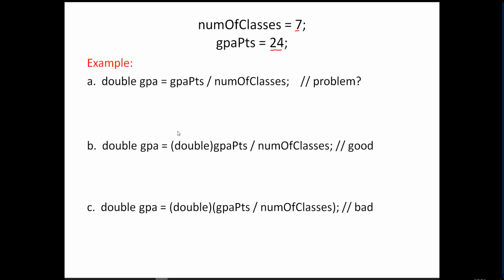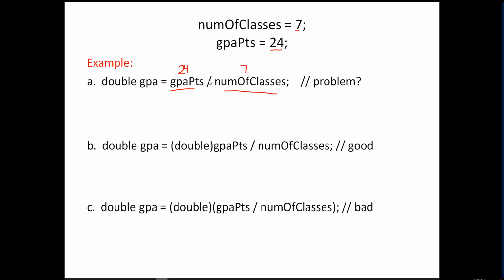So therefore, we have the GPA points divided by the number of classes. So 24, which is an int, divided by number of classes, which is an int. So if we then were to do the calculator, we get a 3, because 24 divided by 7, you do it in the calculator and then you drop the decimal, so it's a 3.